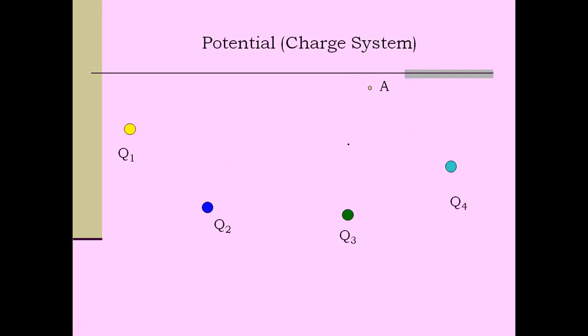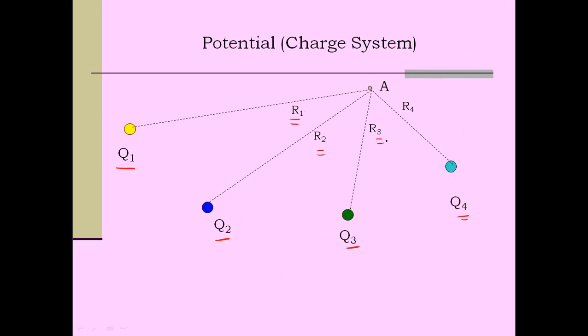Now, if you have a system of charges, let's say we have 4 point charges, Q1, Q2, Q3, and Q4, and we want to find the potential value at this particular point A due to this system, where the distances are R1, R2, R3, and R4 for these 4 charges. From the concept we have learned, the potential at A due to charge Q1 can be written as this equation.